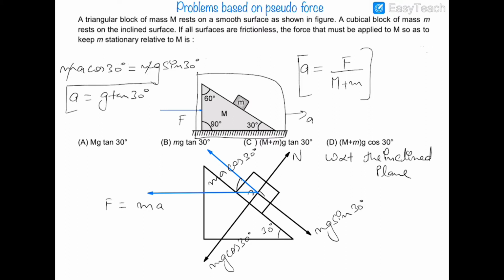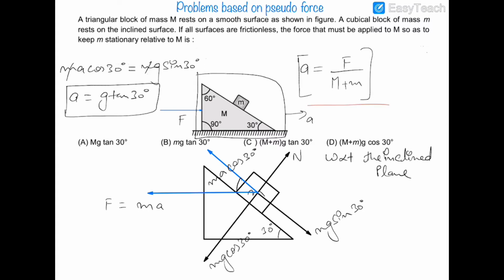This is a very important and highly frequent conclusion which you will see in questions: if you move an inclined plane with an acceleration of g tan theta, where theta is its inclination, then any block kept on that inclined plane, irrespective of its mass, will not slide down, and here there is no friction on the plane.